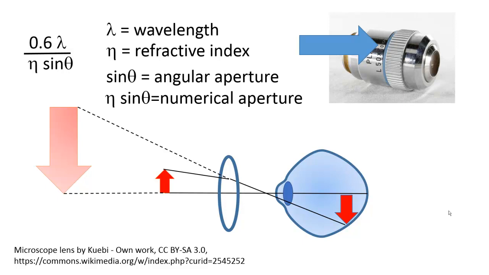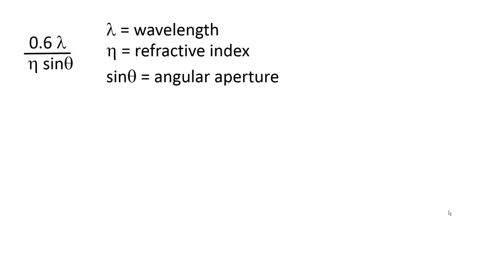So let's work this out in practicality. Let's determine what is the actual limit of resolution that we can get out of a microscope using visible light as its illumination source. Let's just remember that lambda is our wavelength, and the lowest value for lambda that we can get with visible light is about 400 nanometers. Below that, you're into ultraviolet light, and we can't see that.